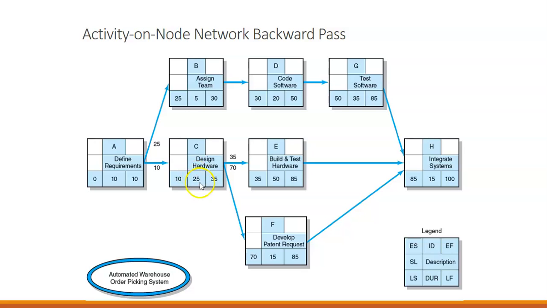So 25 days is for C and 10 days is for A. So it only takes us 5 days to complete B, but because we can't start the next steps in the process without C getting done also, we have some flexibility in how fast B gets done then.